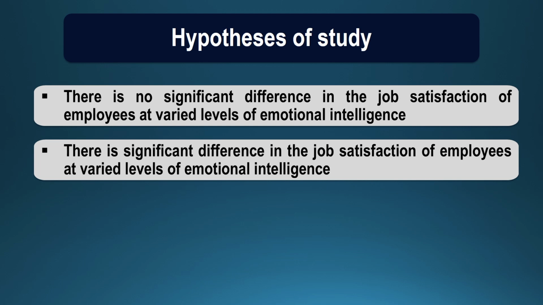And non-directional hypothesis would state there is significant difference in the job satisfaction of employees at varied levels of emotional intelligence, but it doesn't state whether the employees with higher level of emotional intelligence will show higher level of job satisfaction or not.